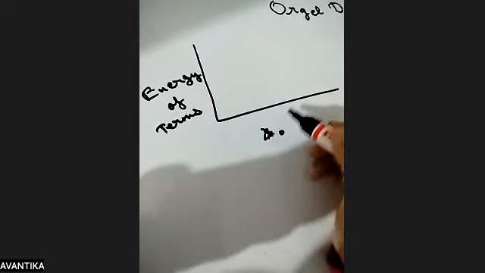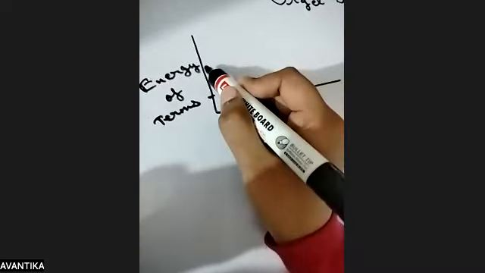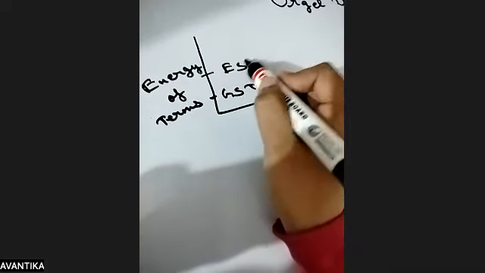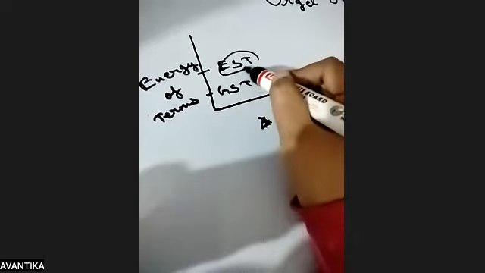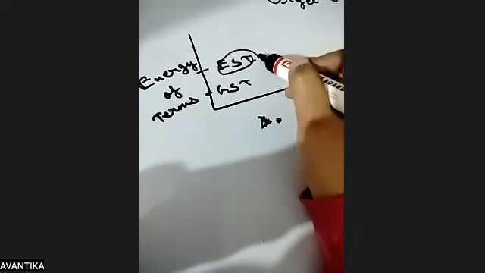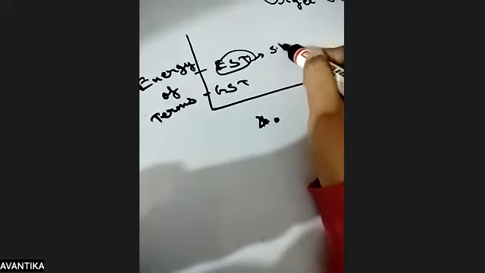Here we will represent the excited state term. This excited state term will have the same spin multiplicity as the ground state term.